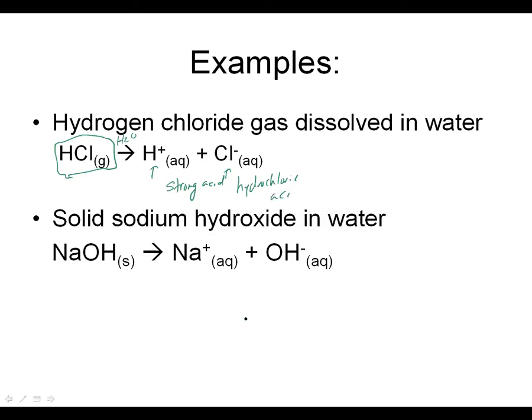And again, it's a very strong acid because in solution, you have a lot of those free floating H pluses. Same thing if you take some solid sodium hydroxide: when it dissolves in water, it will produce a lot of hydroxide, making it a strong base in that case.